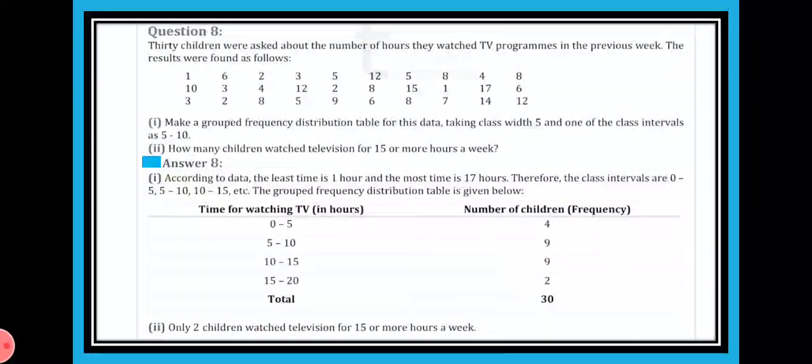Now the second question: only 2 children watch television for 15 or more hours a week. You can see that for the last class interval, 15 to 20, the frequency is 2. That is, 2 children watch TV for 15 or more hours a week.